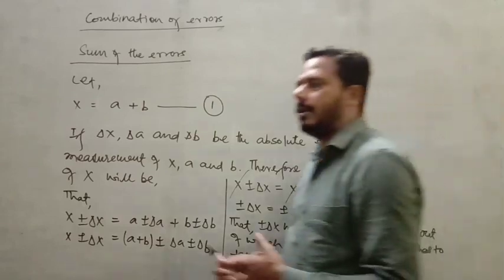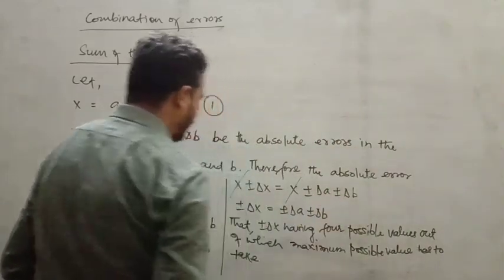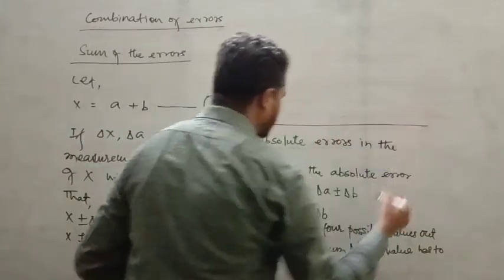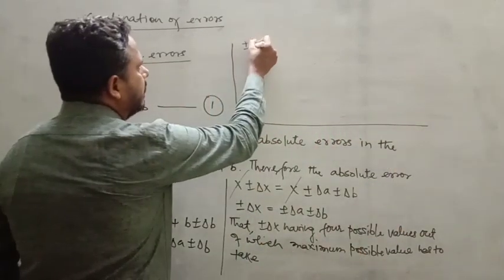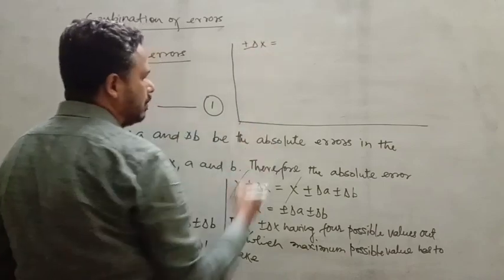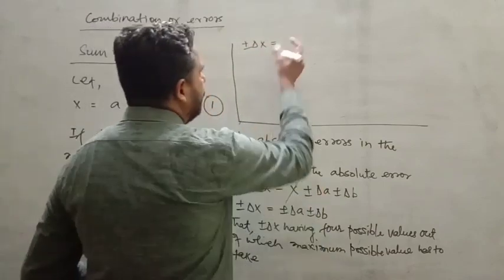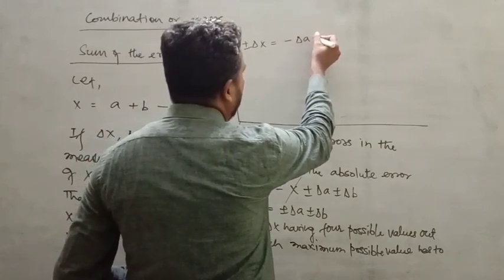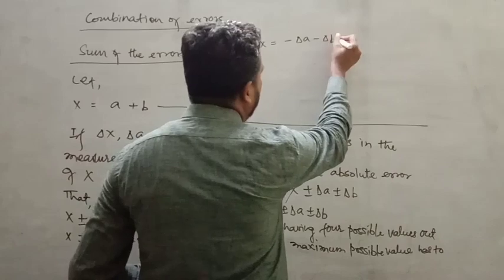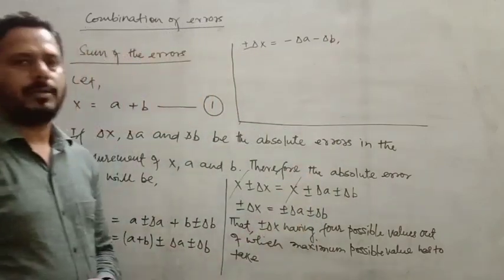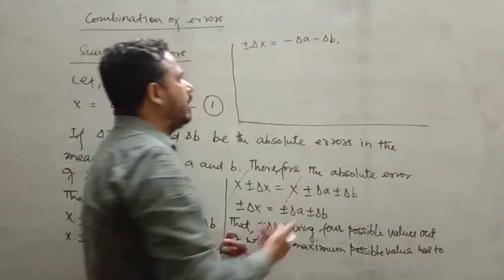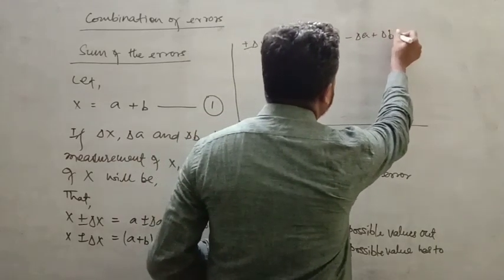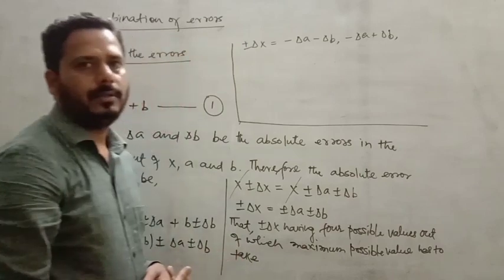Okay, so see here, simply do that plus minus delta x is equal to, see, once either be minus delta A minus delta B. This one is one factor. Second one be either minus delta A plus delta B. This one is the second factor. Alright.